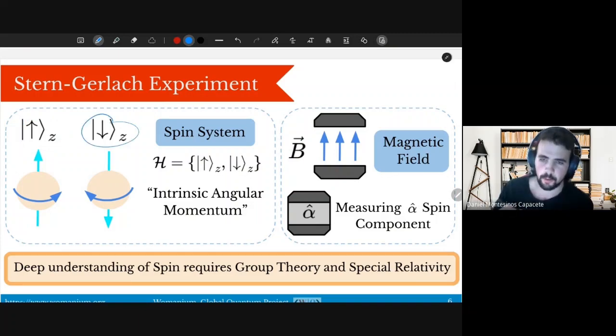And this will be the down state, when the ball or the particle is spinning the other way around. Another thing, the spin is understood in some ways as an intrinsic angular momentum that the particle has, thanks to this spinning property, let's say.